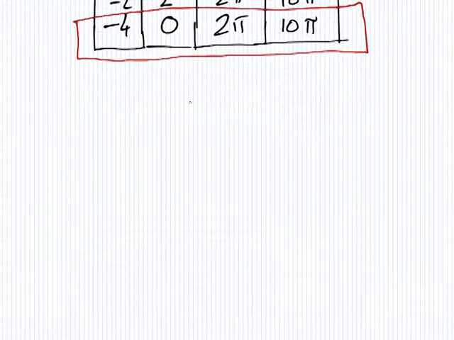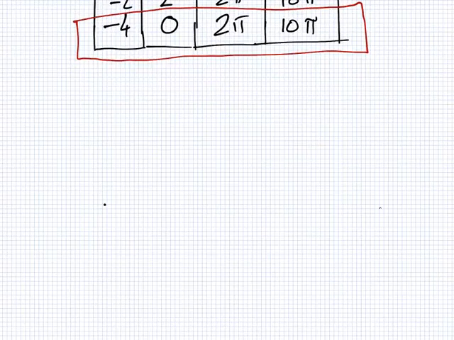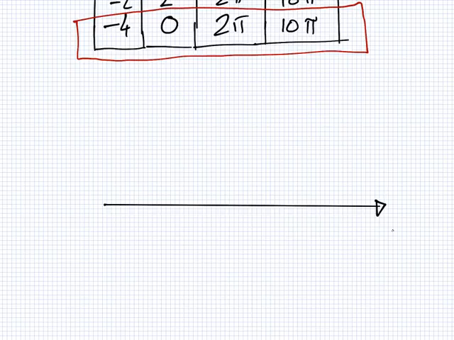Okay, so let's make a graph here. This is x. Oh wait, I need to go to minus 6 pi, don't I? So let me put this in the middle. Hang on. Okay.